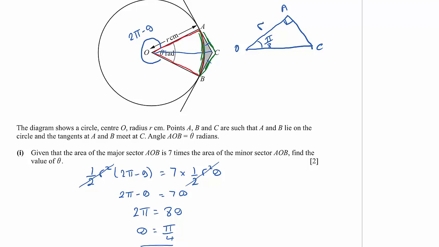So this would be the adjacent, and we'd like to know the length of the opposite. And so tan of pi by 8 would be equal to the opposite divided by the adjacent, which is r. So AC is going to be r tan pi by 8.